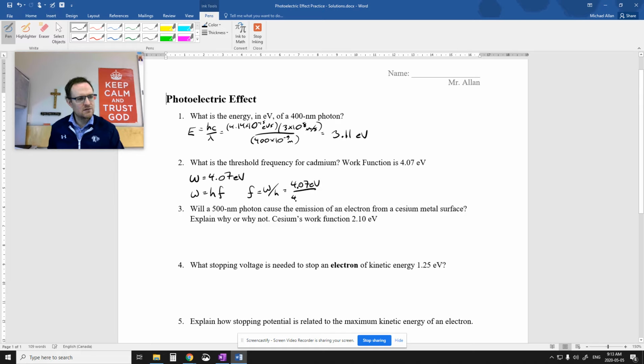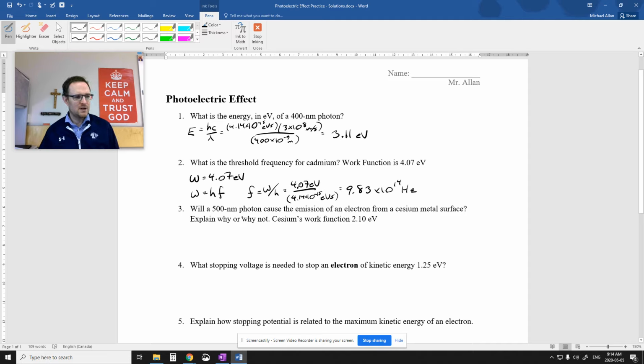I'm going to be using the 4.14 times 10 to the negative 15 number. Again, it's going to give me a pretty high frequency. Well, all visible light is high frequency, but that's not really what we're talking about here. So I get 9.83 times 10 to the 14 hertz. There we go.